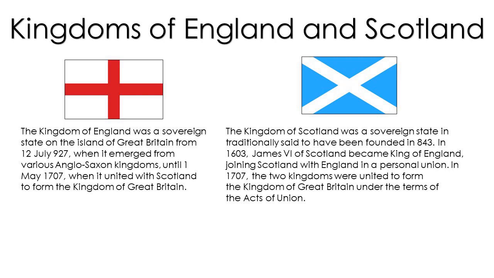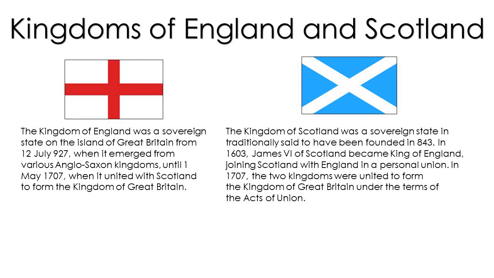Those were the Anglo-Saxon kingdoms, and they came together to form what we come to know today as England, the land of the Anglos, and that remained a kingdom in and of its own right until the 1st of May 1707, when it was united with Scotland, and then the Kingdom of Great Britain was created. So that is England. We'll now go on to Scotland.